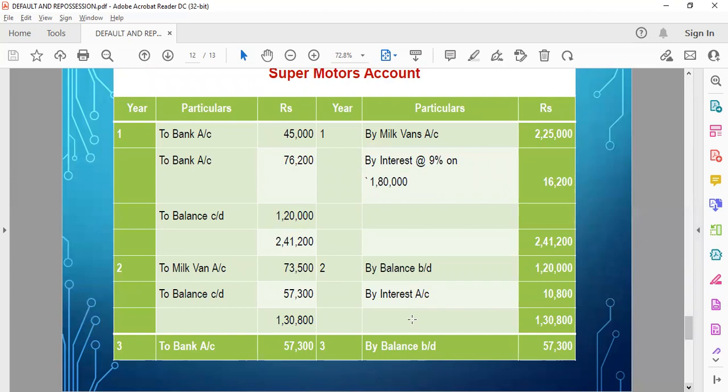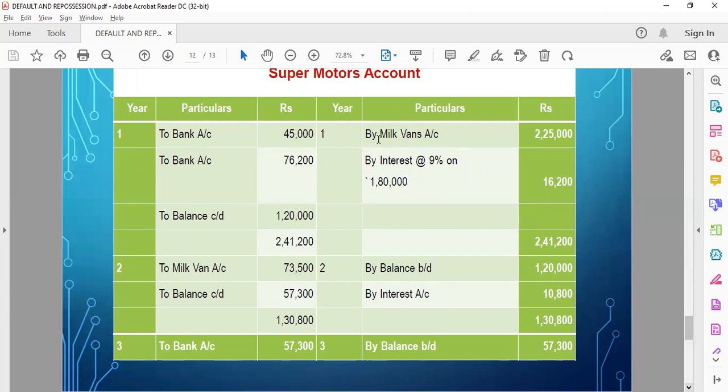Just we can see how much is the amount with us. For the super motors account we should put workings. You should put 3 columns on the debit side and 3 columns on the credit side: year, particulars, amount. The first year, to bank account 45,000, because they have given 45,000 as down payment.